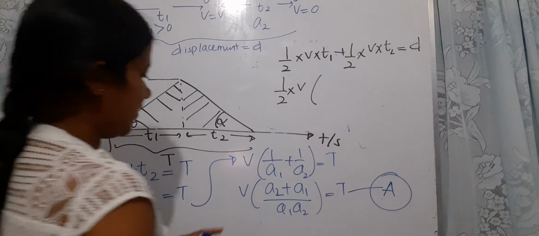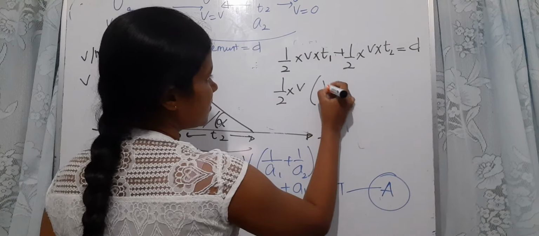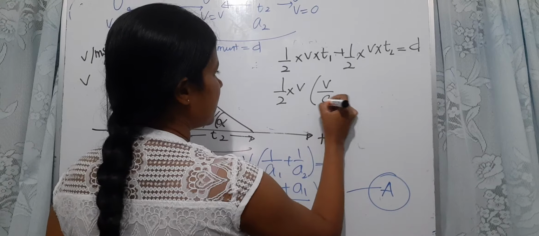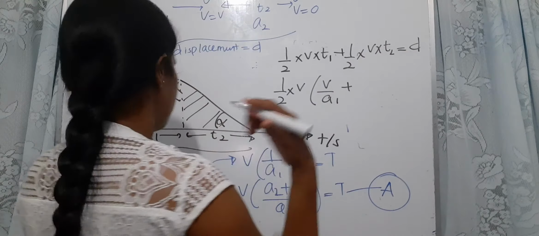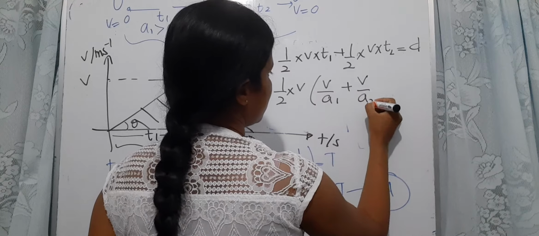For that we can assign T1 equals V over A1, T2 equals V over A2.